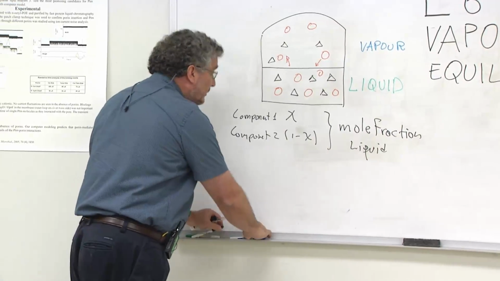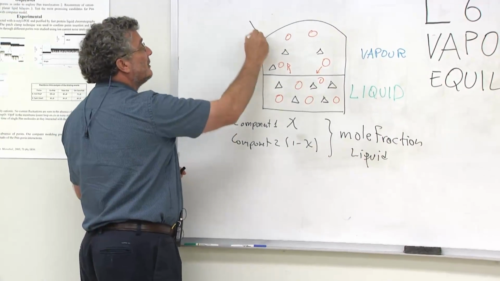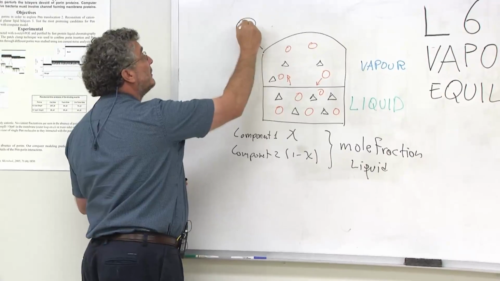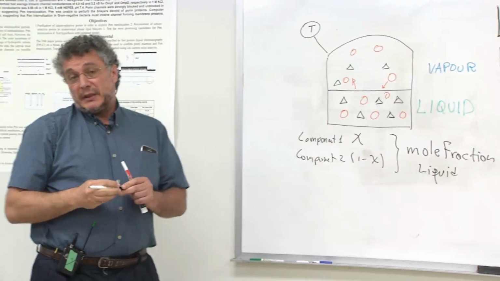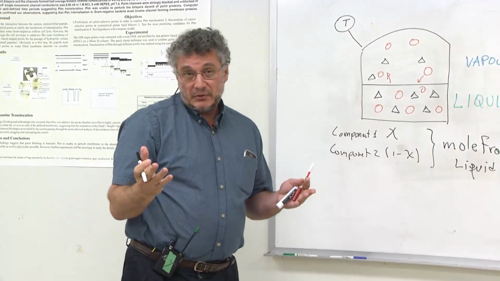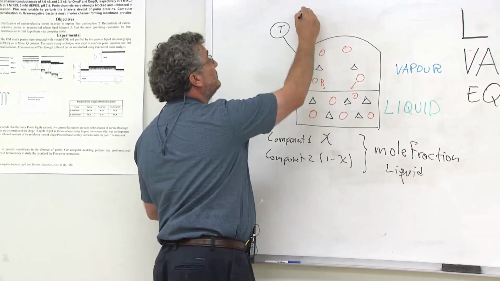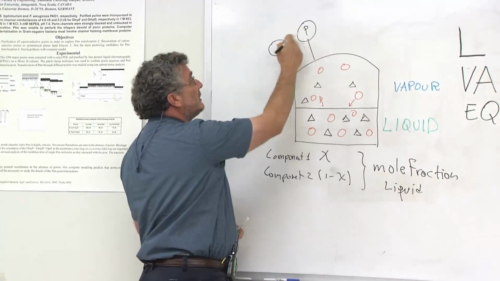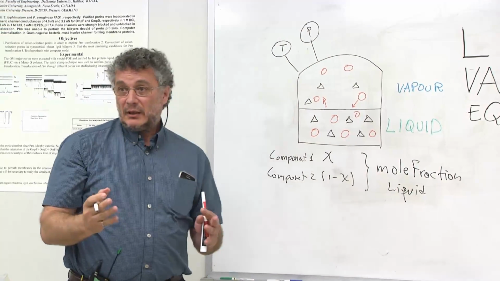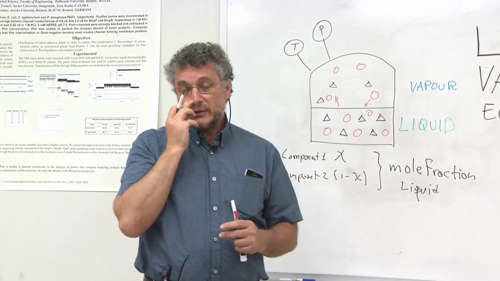And we are going to maintain constant the temperature, and depending on the system in which we are working, we might also maintain constant the pressure, but we cannot maintain both of them constant and then want to have a particular concentration.